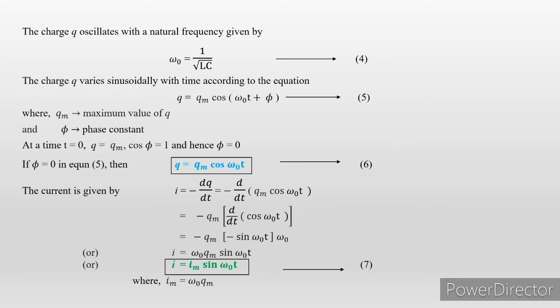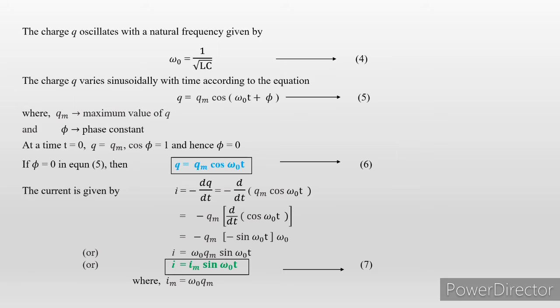Equation 4. The charge Q varies sinusoidally with time according to the equation Q equal to Qm cos omega naught t plus phi. This is equation 5, where Qm is the maximum value of Q and phi is the phase constant.